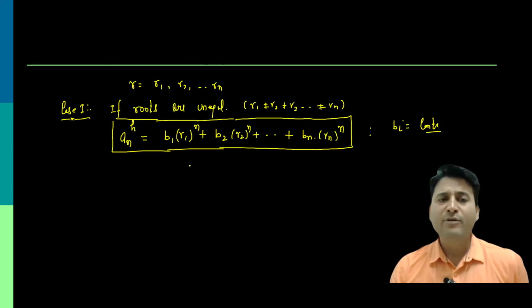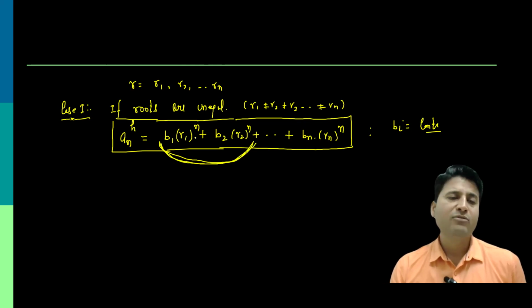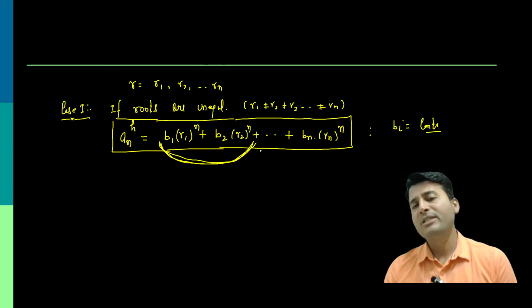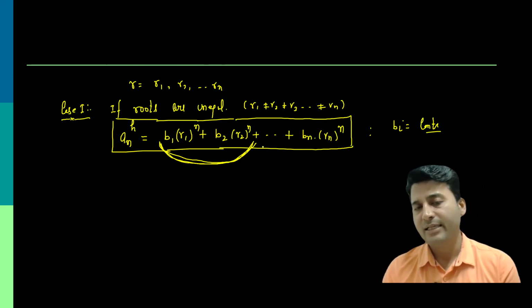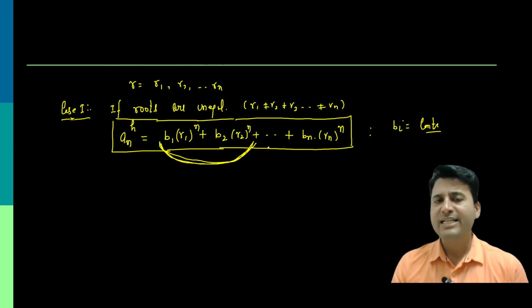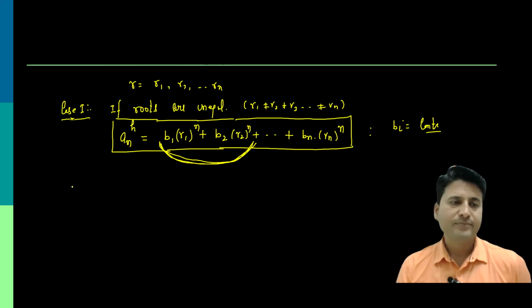Now suppose the equation is having only two roots, write it up to b2 only: b1 r1 to the power n plus b2 r2 to the power n. If only one root, up to the first. If three roots are there, write up to r3. This is the general formula. As per the number of roots the equation is having, we are supposed to write it.